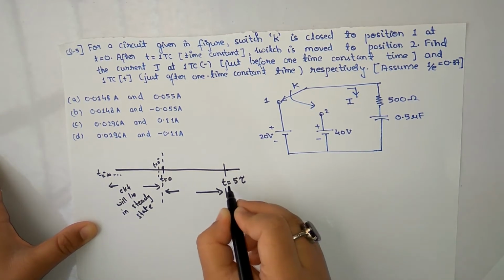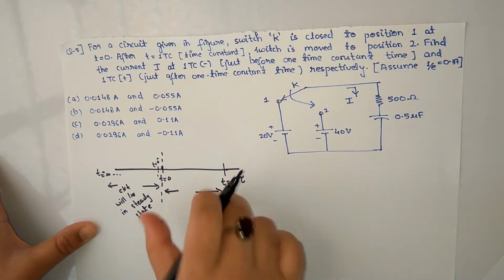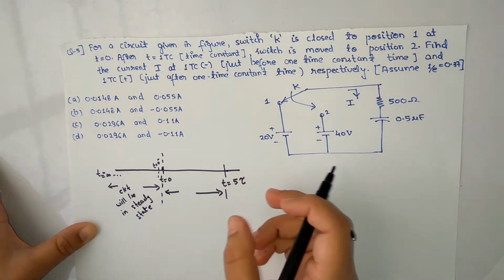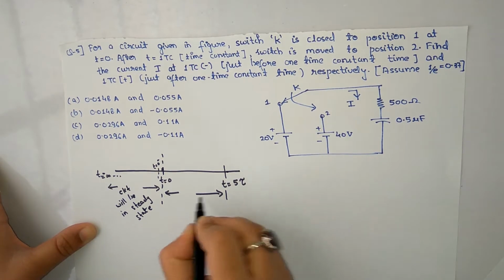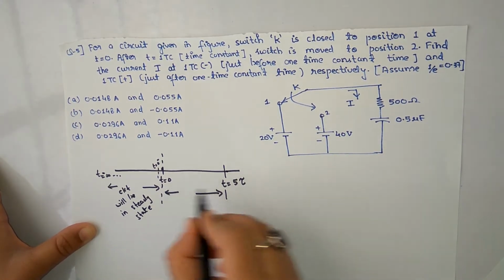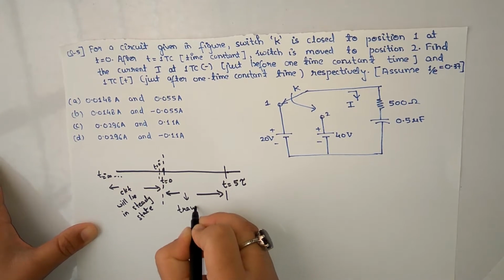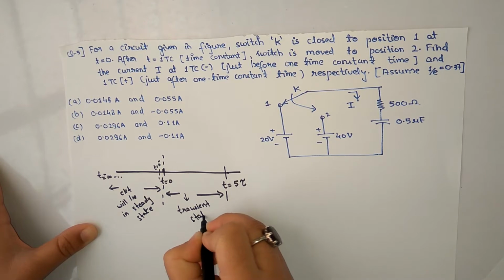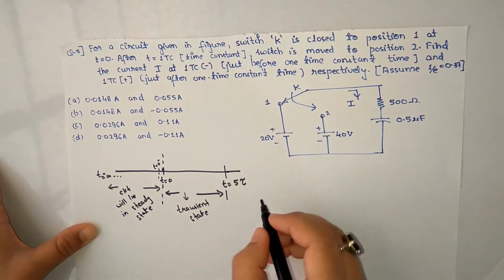In networks we consider up to t equal to 5 tau as transient, whereas in other subjects like controls we consider t equal to 4 tau as the time for transient. So from t equal to 0 to t equal to 5 tau, this corresponds to the transient state, and this is our area of interest, mostly in networks during transient analysis.